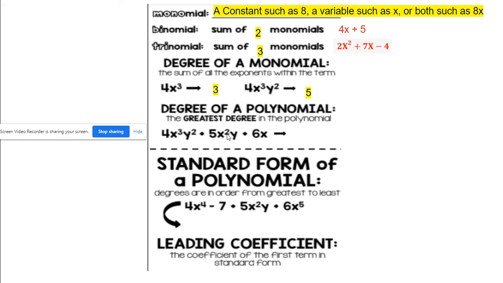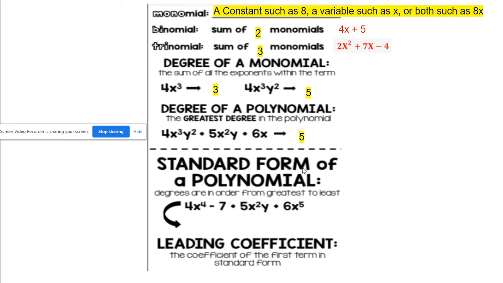Here I have an exponent of 2, and the y has an exponent of 1. So 2 plus 1 would give me a degree of 3. In this term, I have one variable that has an exponent of 1. So this degree would be 1. If this term has a degree of 5, this term has a degree of 3, and this term has a degree of 1, the greatest degree is 5 from the sum of 3 plus 2.